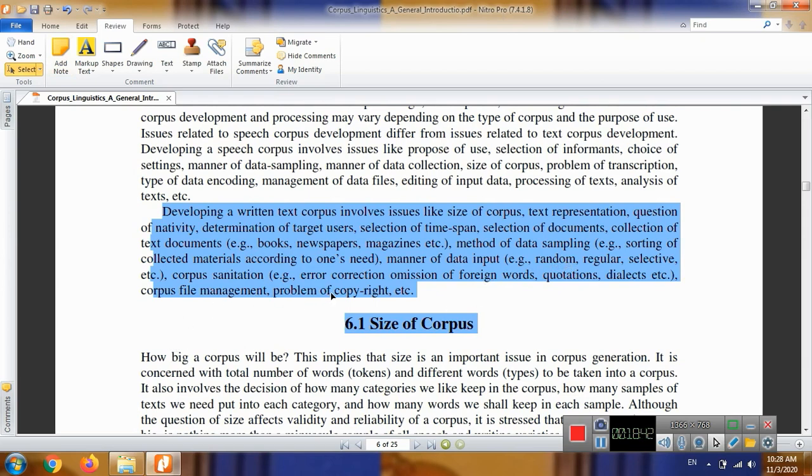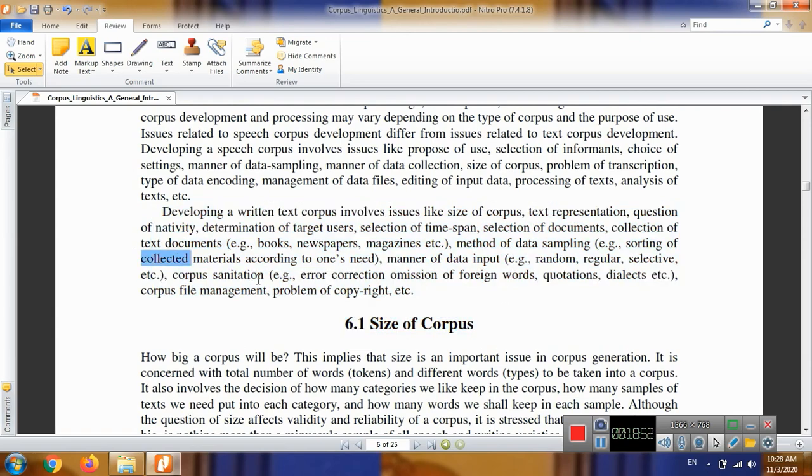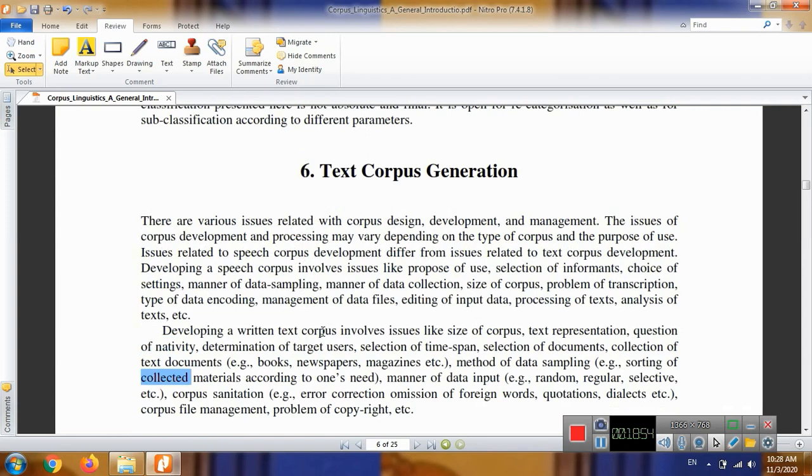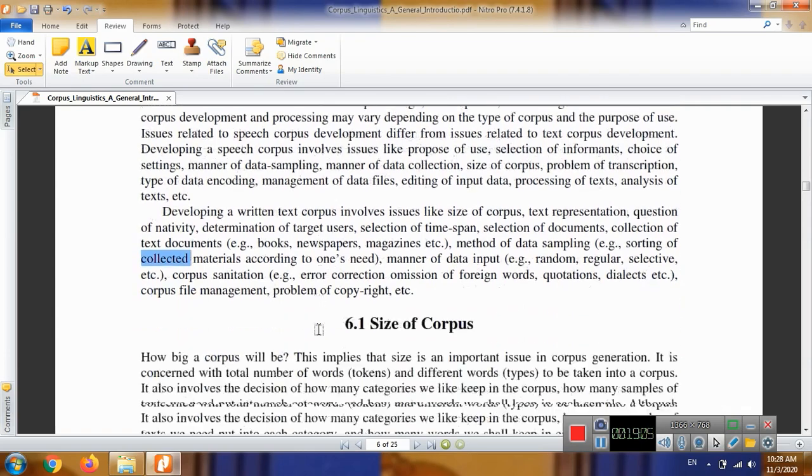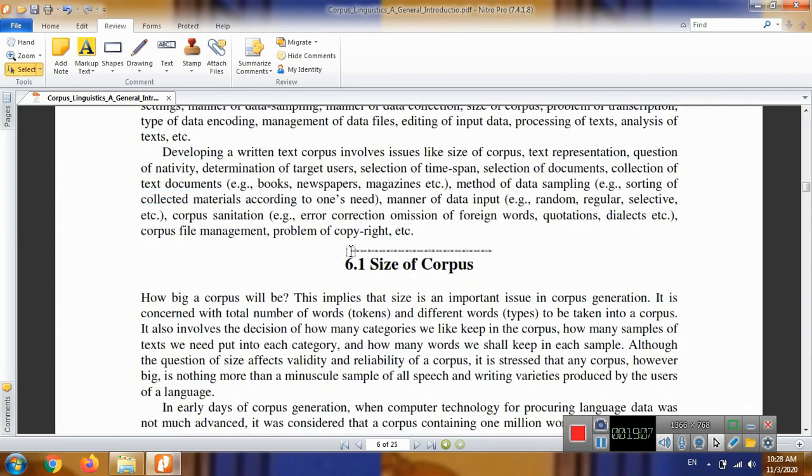By sanitation we mean editing, error correction, omission of foreign words, quotations, dialect, etc. Corpus file management, problem of copyright, and other features. Here in these two paragraphs we read the features of a speech corpus and written corpus.